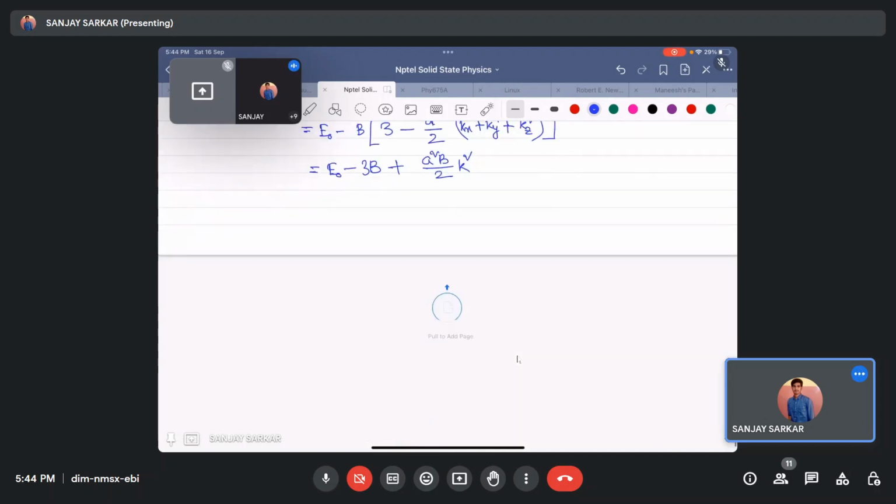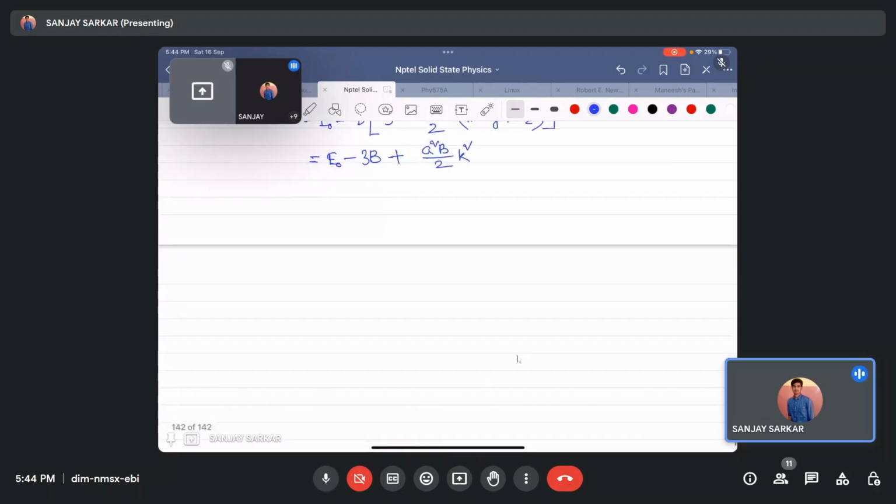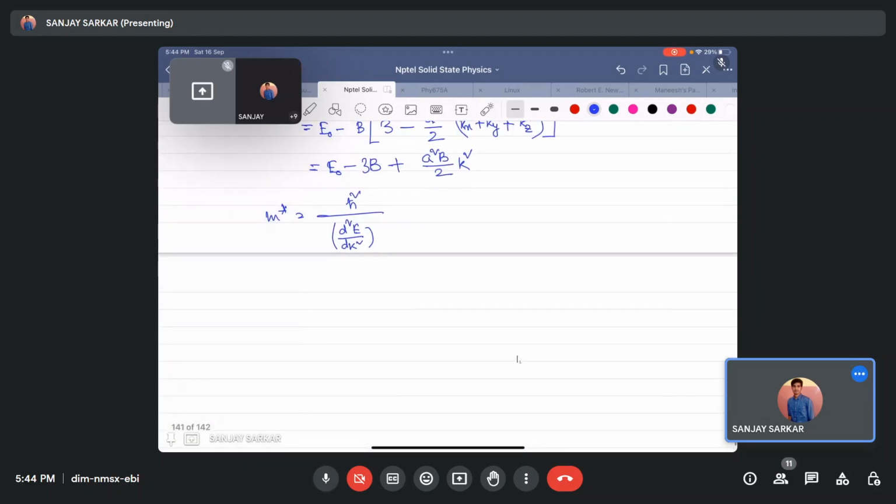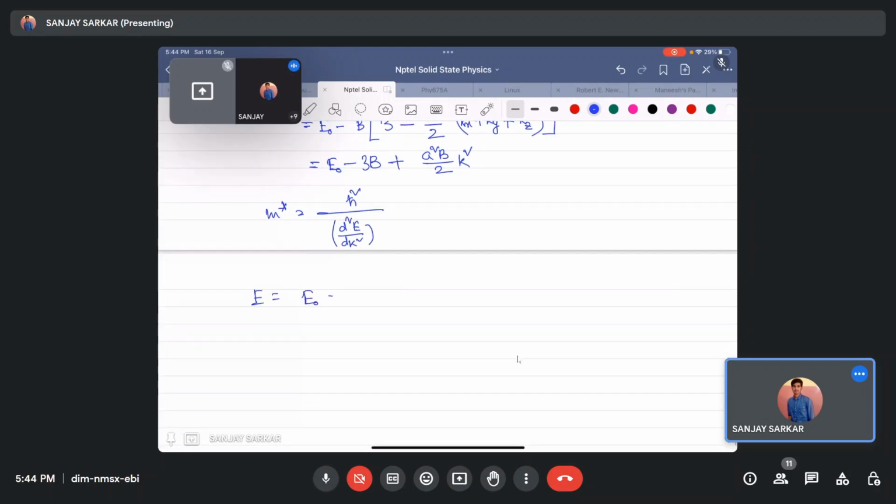Then the effective mass, you know that m star is h bar square by d2E by dk2. So E is E naught minus 3b plus a square b by 2 k square.